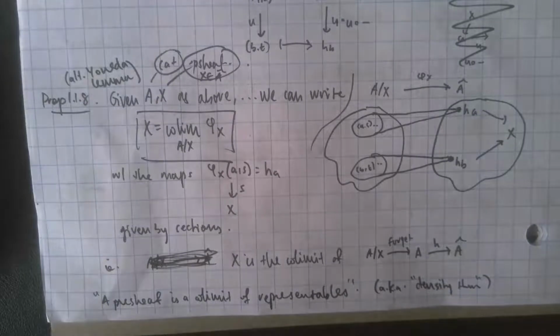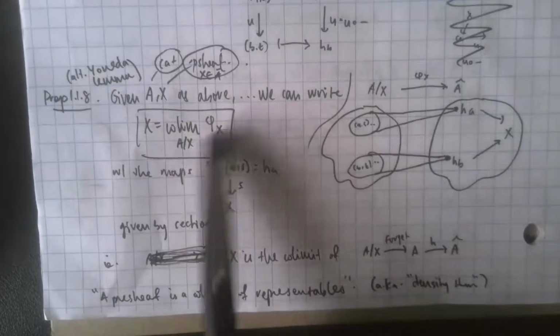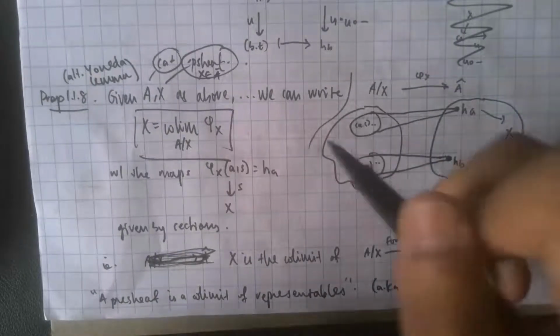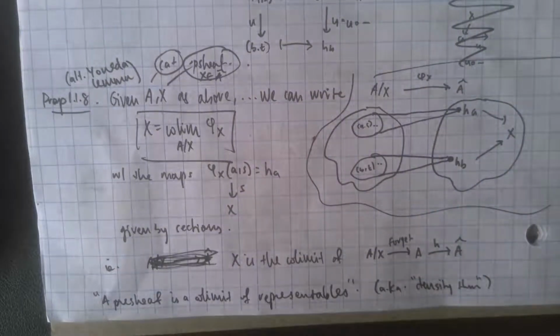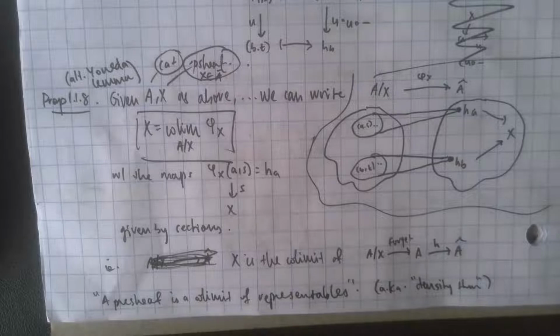And the statement of this proposition is that we can think of X as a colimit of these. This is my cartoon, which now I don't really know what it's saying, but you can decipher it later on.